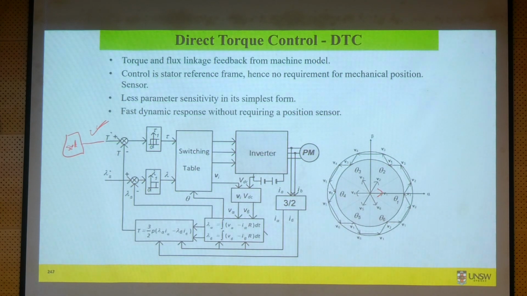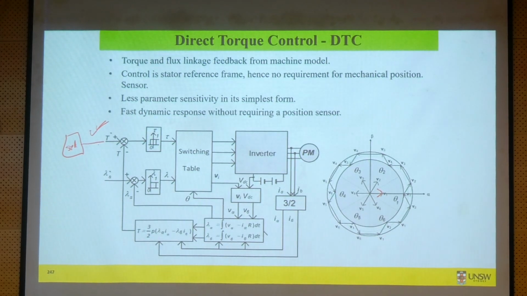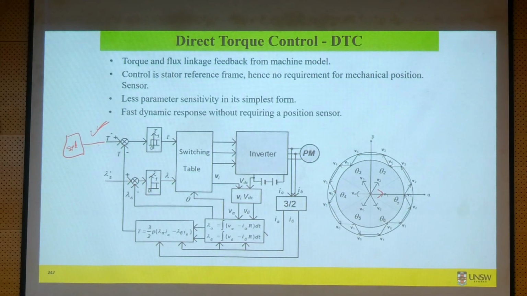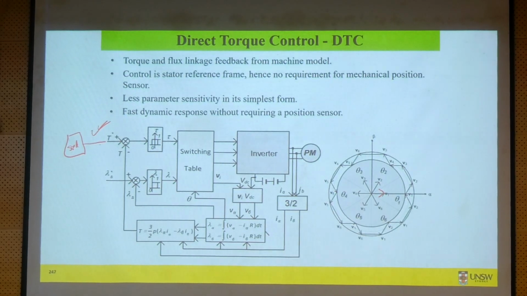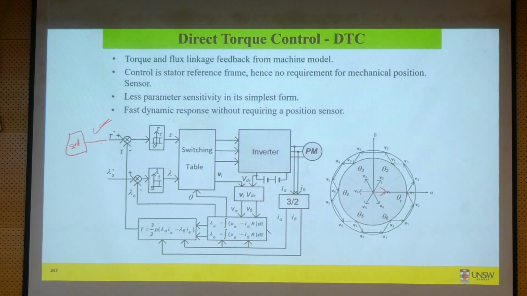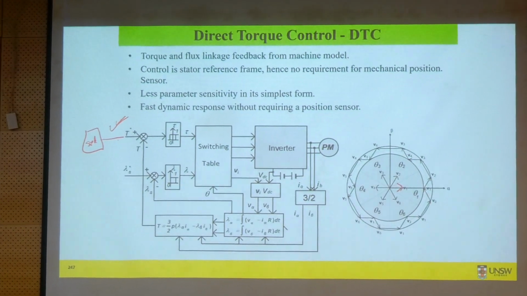Because you are producing them discretely, that leads to high torque ripple and flux ripple in the system. You get very high torque ripple, which is troublesome for high performance applications. High torque ripple means noise, vibration, etc. So that's the issue with classic DTC, and there are solutions which we'll be talking about tomorrow maybe.